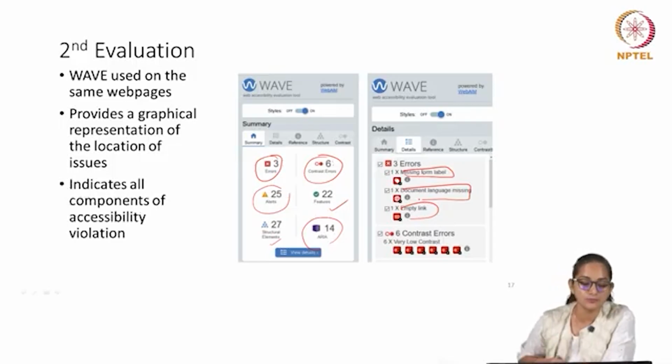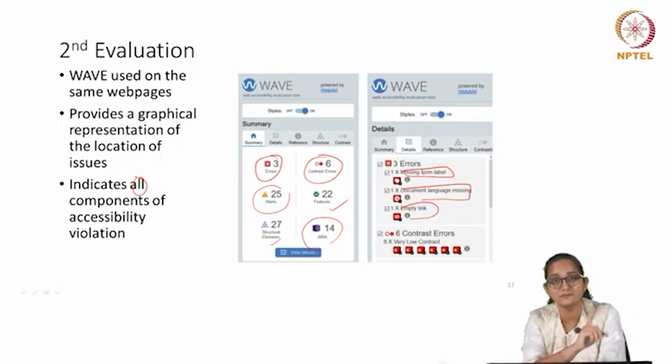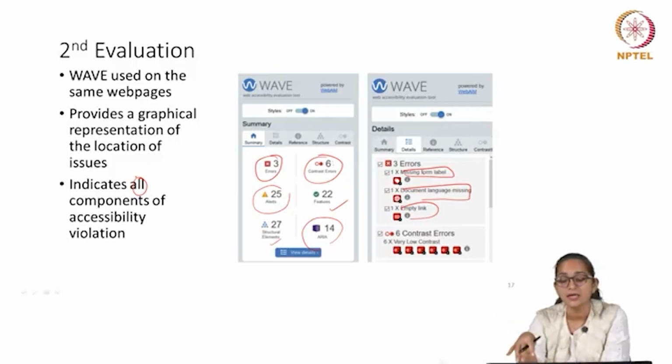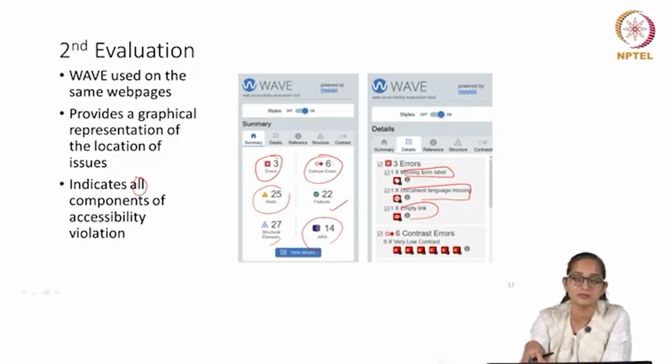It indicates all of the components of accessibility violation, but this is not really a comprehensive tool. We are not saying that all of the semantic aspects are being covered. It is just able to identify quantitative aspects, like whether a label is missing or not.